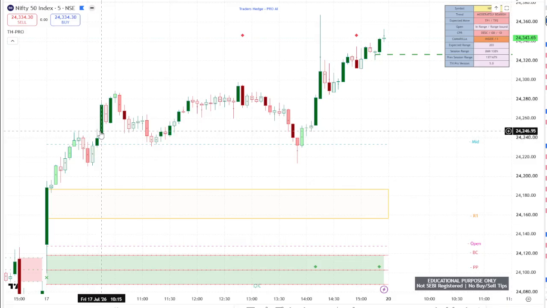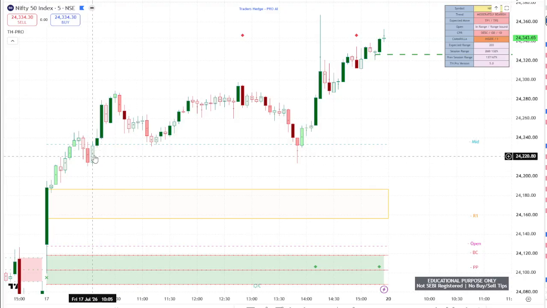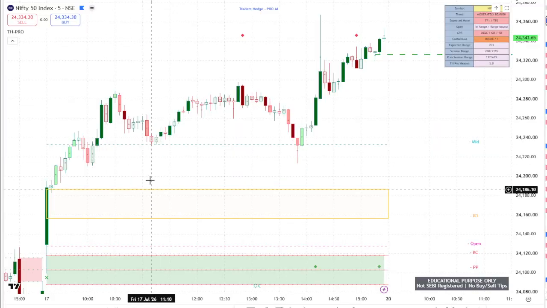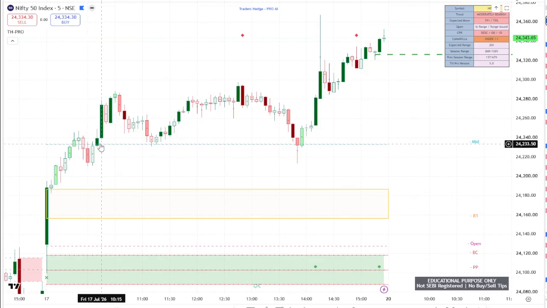The darker the color, the more strength there is in that candle. So if the candle is very dark, those are the candles of interest for you. If the candle is not that dark, then it is not of that much importance. It is a bullish candle, but if it is not a dark green, you can wait for a dark green candle to get more confirmation, where the strength is more.